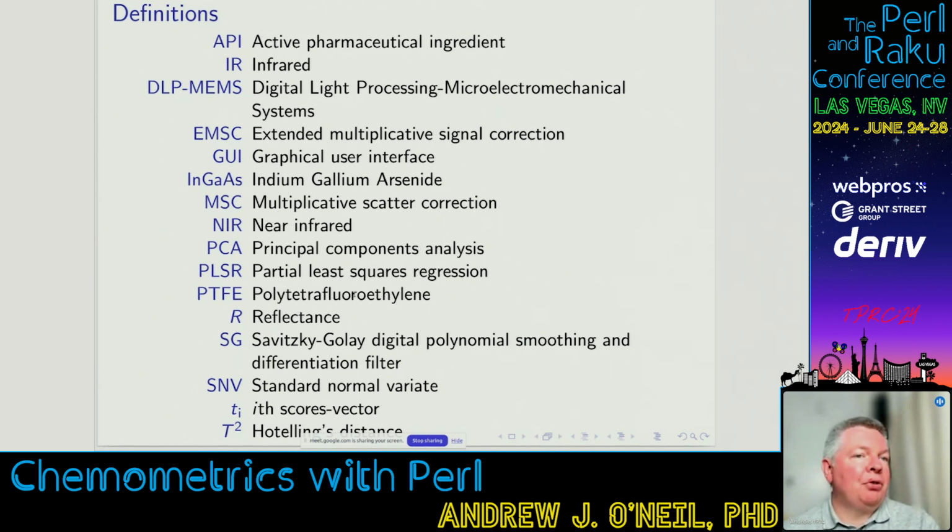I'm not showing a quantitative method today, but if you are interested in doing quantitative analysis by NIR spectroscopy, typically you would use a quantification algorithm called partial least squares regression, PLSR.